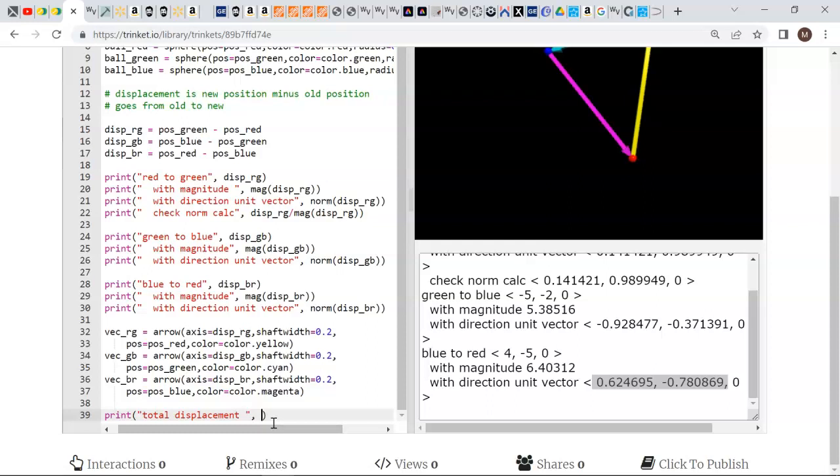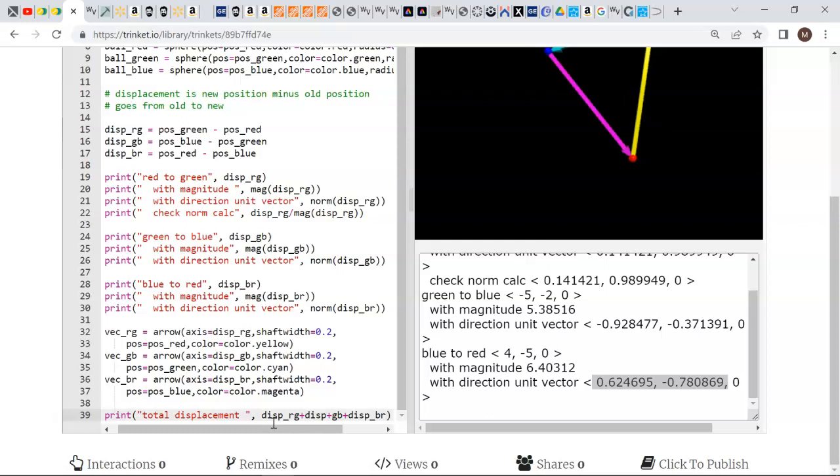I should be able to add the three displacements: displacement RG plus displacement GB plus displacement BR. That takes me from red to green to blue back to red again.